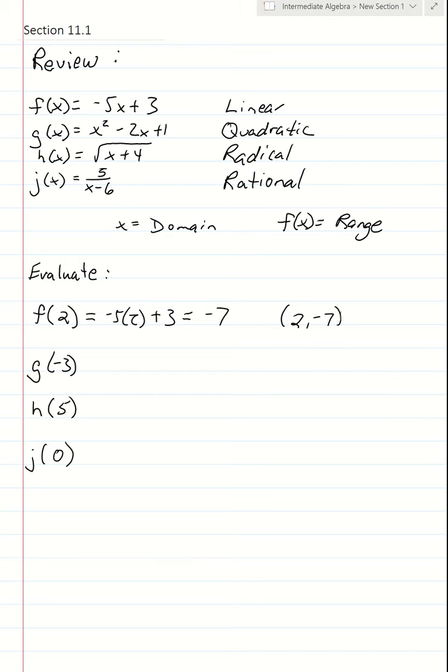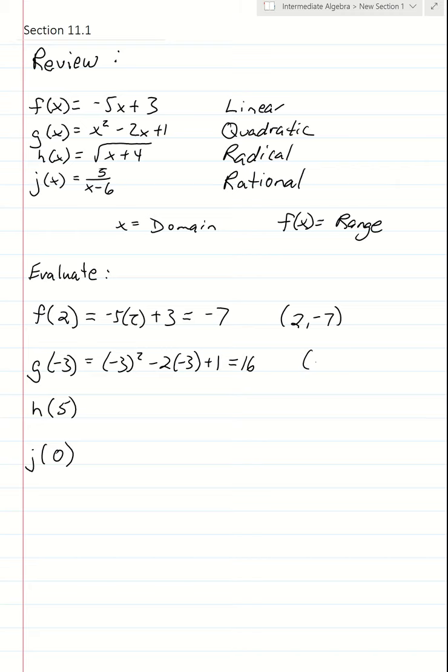When we want to evaluate the function g, we would now have to substitute in the numerical value of negative 3, in which case we would have negative 3 squared minus 2 times the negative 3 plus 1. And when we use the order of operations to simplify that, you would of course get the number 16.